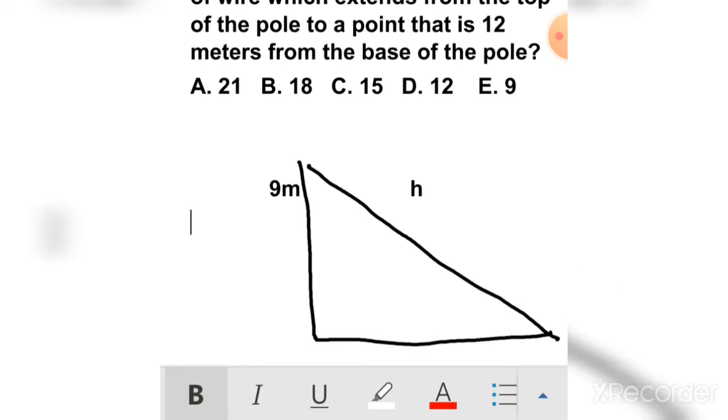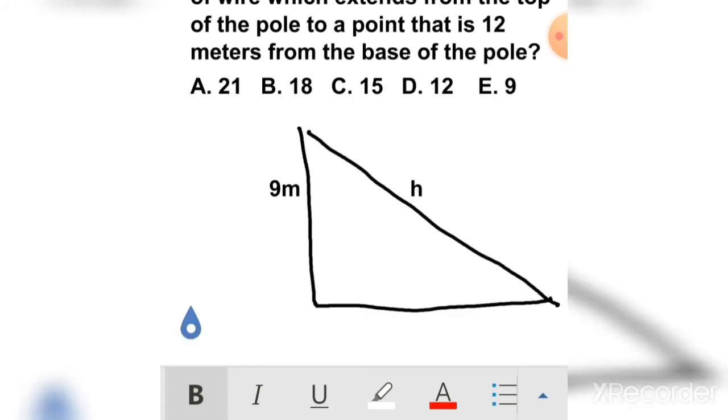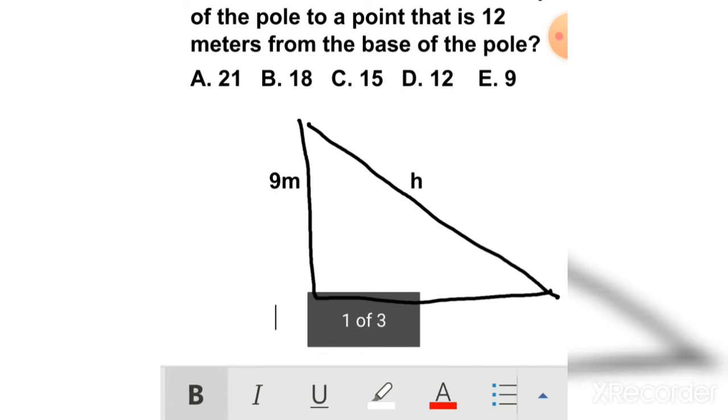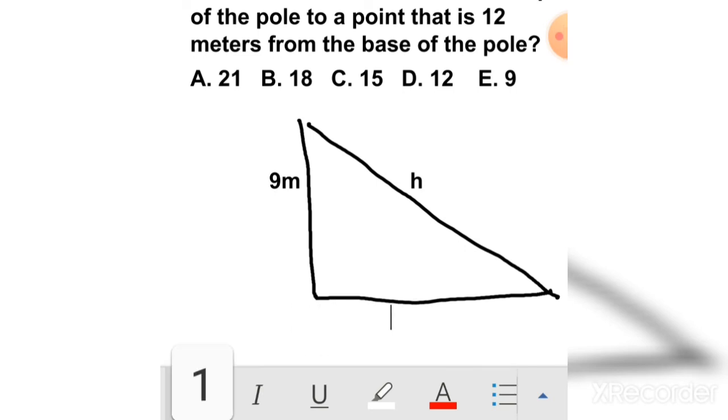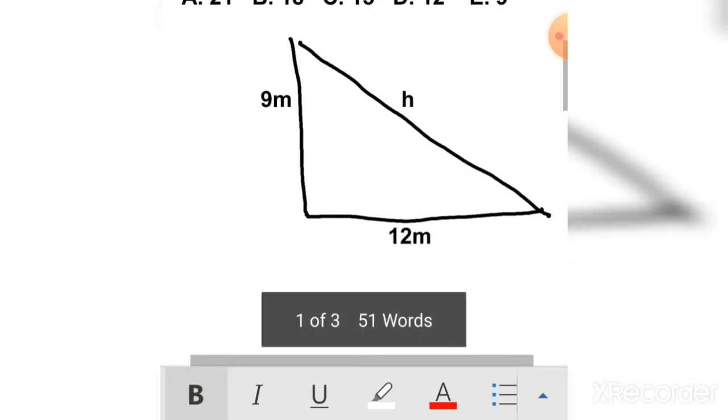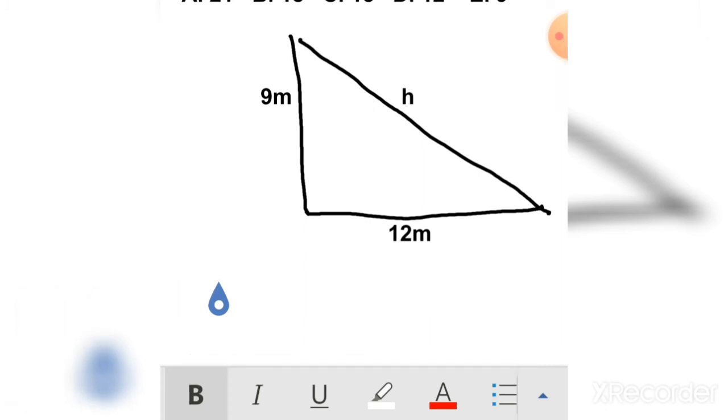Then the base length is 12 meters. That is the distance of the wire from the base of the pole. So since this is a 90-degree angle, use the Pythagorean theorem to solve for the length of the wire, which is h.